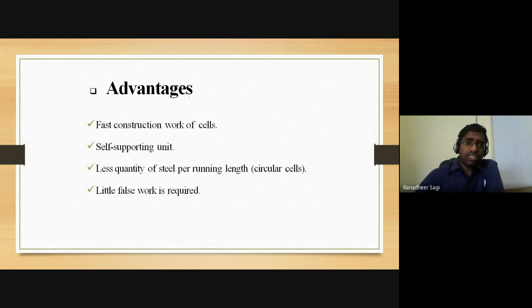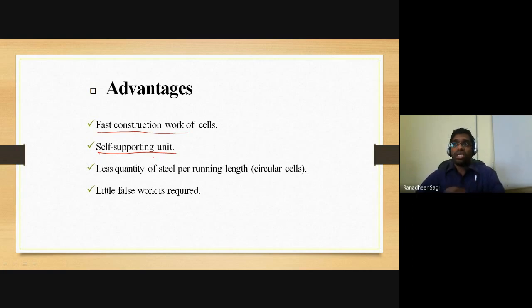Now, the advantages of this cellular cofferdam construction is that the construction can be taken up relatively at a very faster rate by joining one cell to the other cell. And these cells that you are going to be constructing in the case of cellular cofferdams are said to be self-supporting.